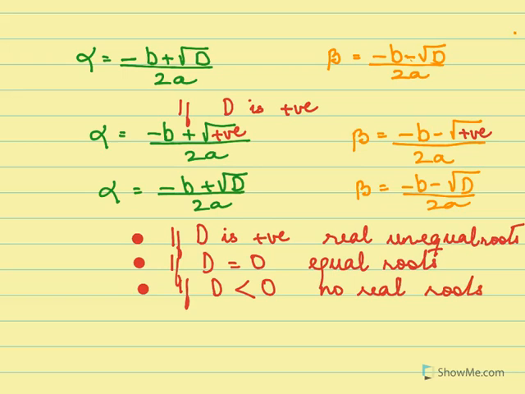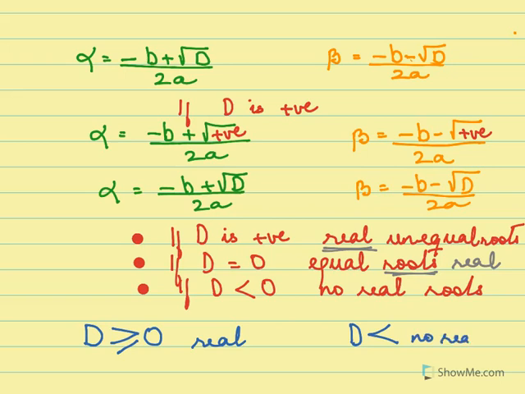So you get real roots in two cases: here, and here. These roots are real, equal and real, which is, we can say, if D is greater than or equal to 0, the roots are real. But if D is less than 0, no real roots.